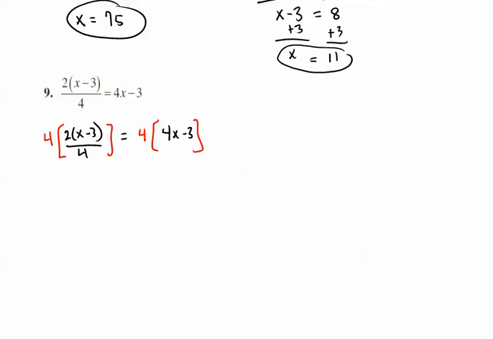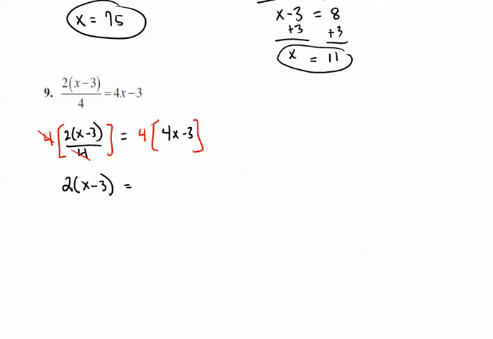We do this because the 4 in the denominator will cancel out, and the left side will be reduced down to just 2 times parentheses x minus 3.